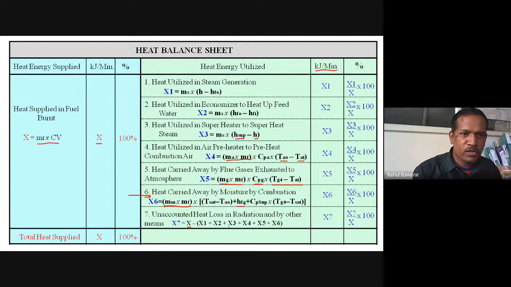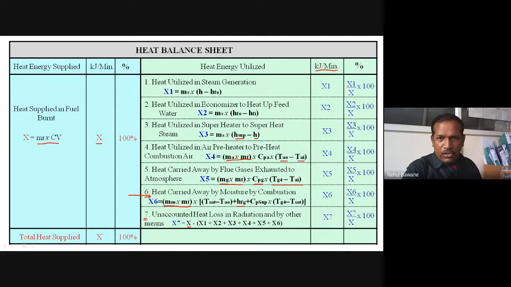Now the most important thing: as this is a heat balance sheet, whatever the difference is, we consider it in this seventh part. So the addition of all these X1, X2, X3 up to X7 must be equal to X, and the addition of all these percentages must be equal to 100%.